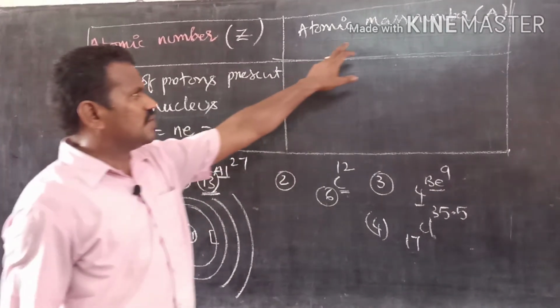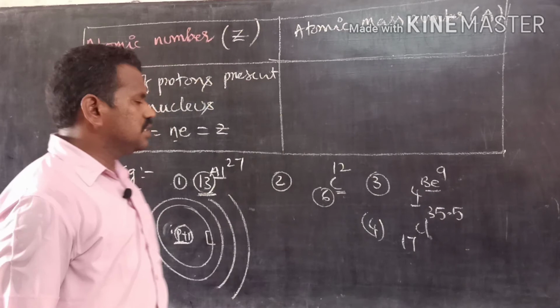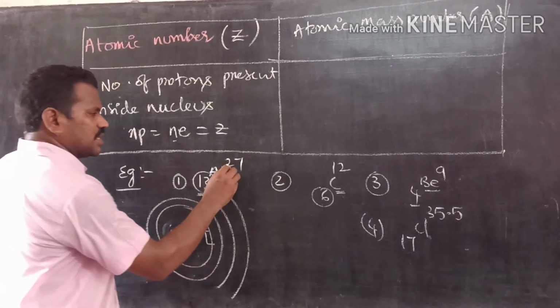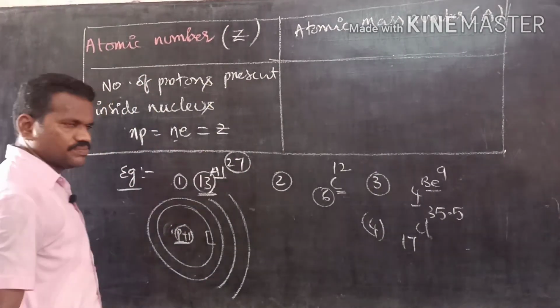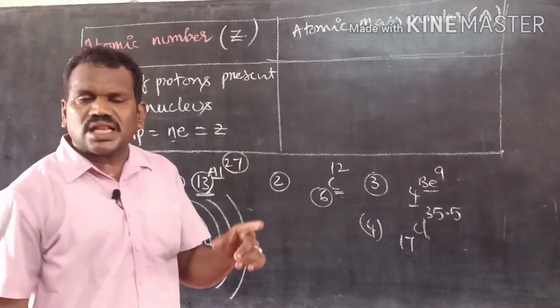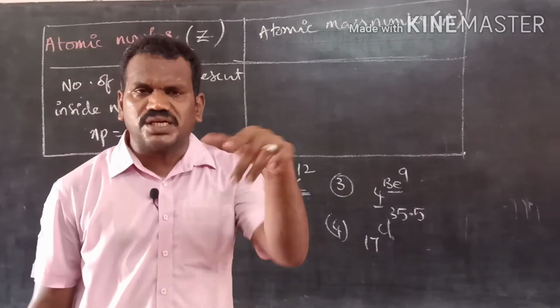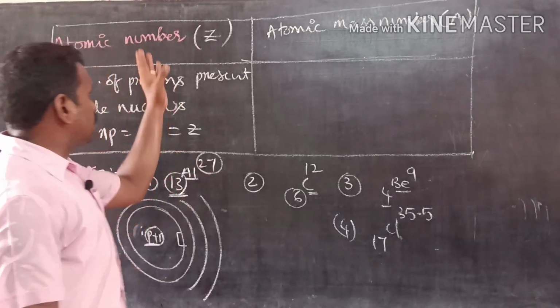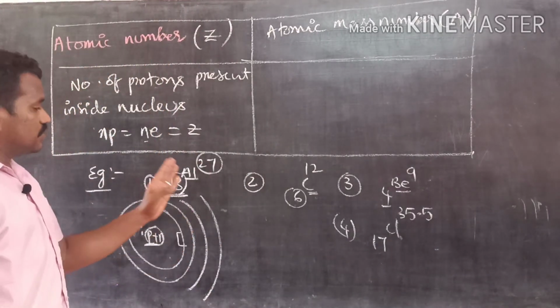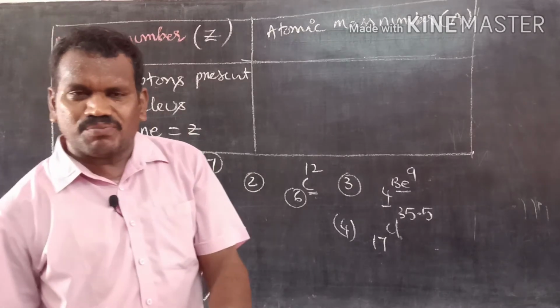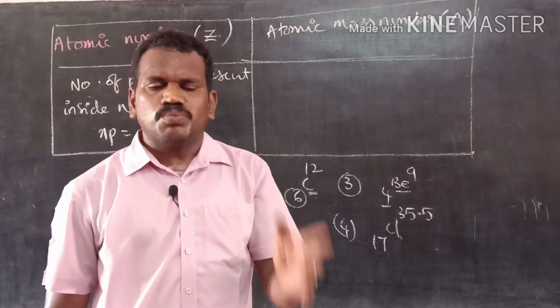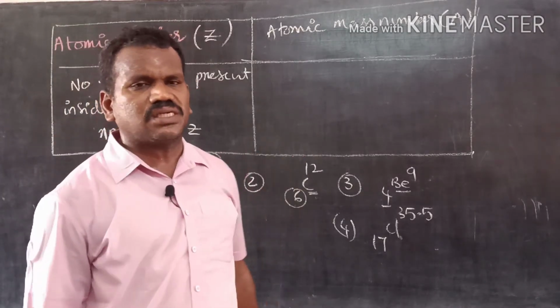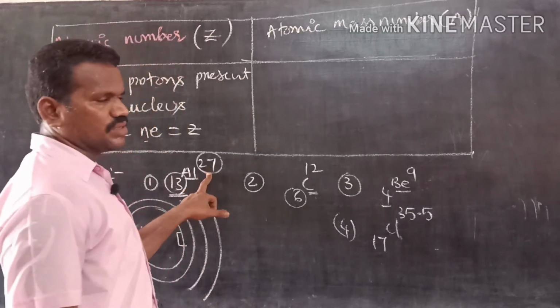Then what is the meaning of atomic mass number? Here the atomic mass number is 27. It is the total number of protons and neutrons present inside the nucleus. Atomic number is only protons, whereas the sum of protons and neutrons present inside the nucleus is called atomic mass number.